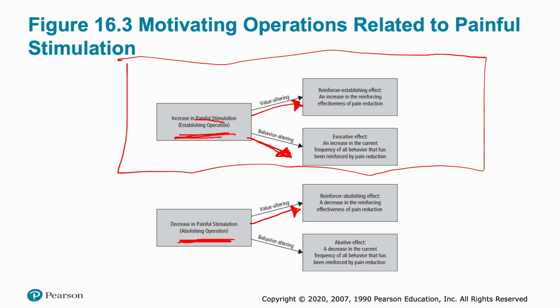So there's a decrease in the reinforcing effectiveness of pain reduction, meaning because I don't have pain in that particular moment, I'm not going to go out and seek medication. My pain has already been reduced. So in that particular moment, I'm no longer needing medicine, which means I will abate behavior that will typically result in me getting medication, okay? So the value of medication reduces.